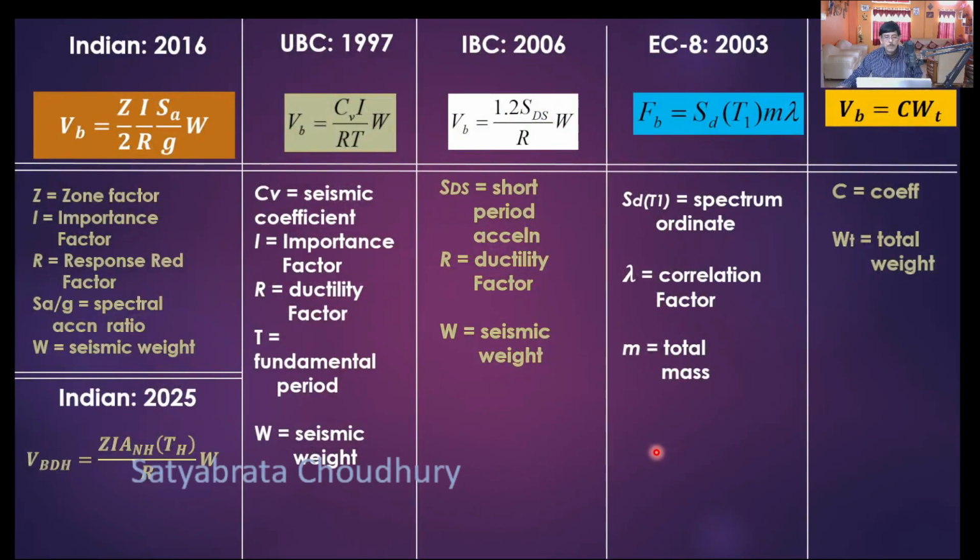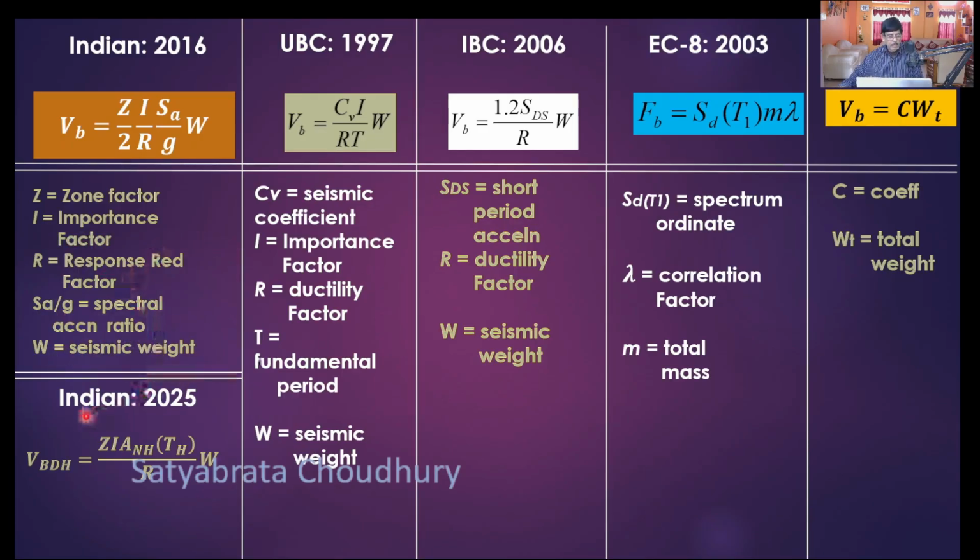Now, these base shear formulae are given in different international codes. I have shown here Indian 2016, UBC 1997, IBC 2006, Eurocode 8 2003, and New Zealand Code 1992. Most of the codes have been revised, and you can see the latest versions too. In our IS 2016, the base shear was given by Z by 2, I by R, Sa by g, W. Z is the zone factor, I is the importance factor, R is the response reduction factor, Sa by g is the spectral acceleration ratio, W is the seismic weight.